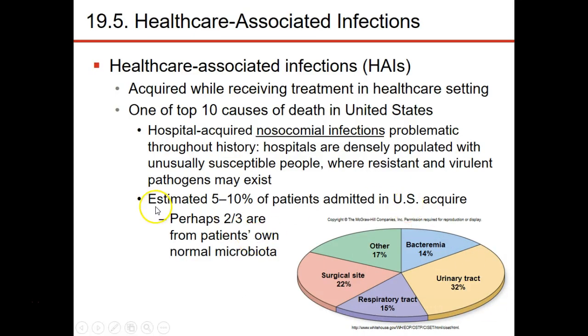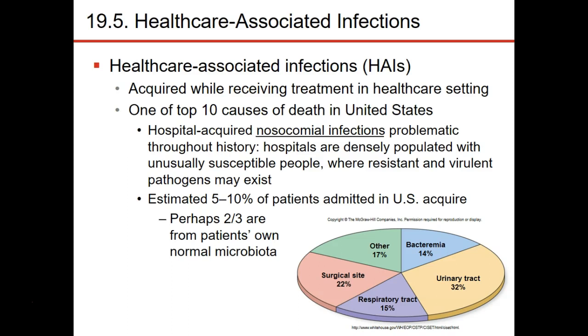All right, so lastly in Chapter 19 that we're going to talk about are healthcare-associated infections, or HAIs. These are infections that are acquired while in a medical setting, so like a hospital or a nursing home.